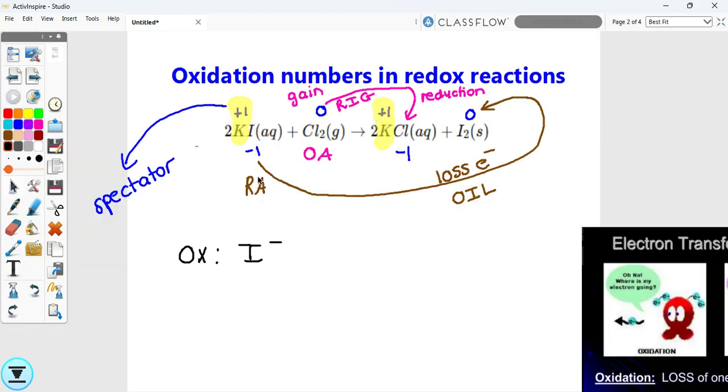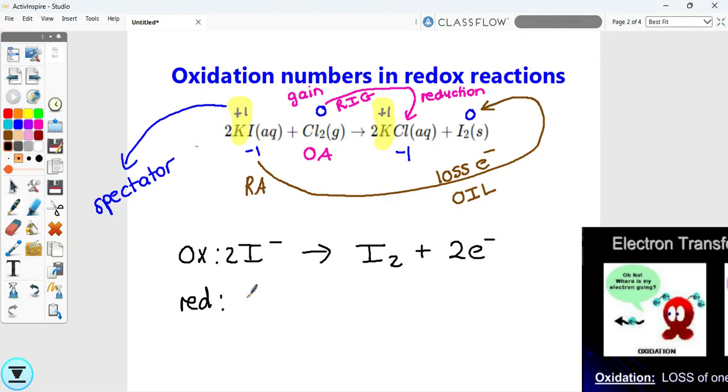Yeah, we said that was the reducing agent. So that's perfect. So you can copy it straight from the table and say I minus forms I2. And we need 2 of them, but you don't have to worry about the balancing because the table gives it to you anyway. That's going to be my oxidation half reaction.